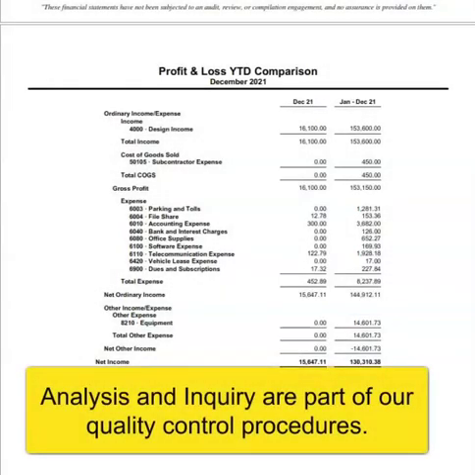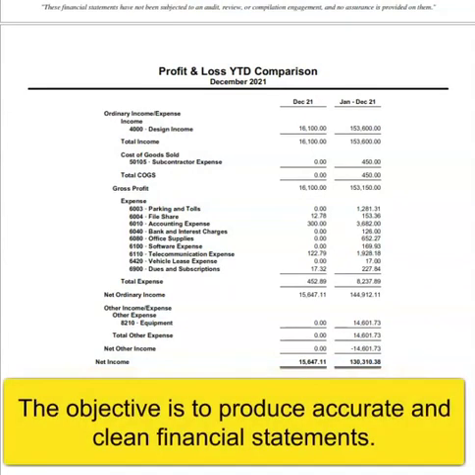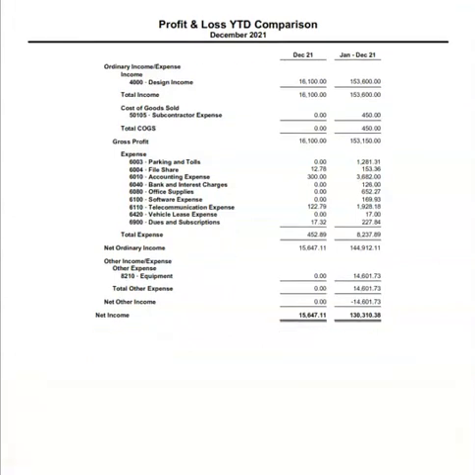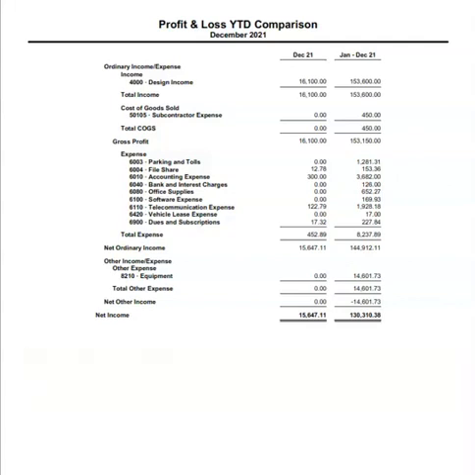The depreciation is another topic that I want to talk about briefly. The depreciation is not on a tax basis on these financials. It's actually on a book basis. So the depreciation is straight line depreciation, and we control that separately with a ledger in Excel. That ledger has all of our calculations, and we have folders where we keep all the supporting documents for those asset transactions by asset number.